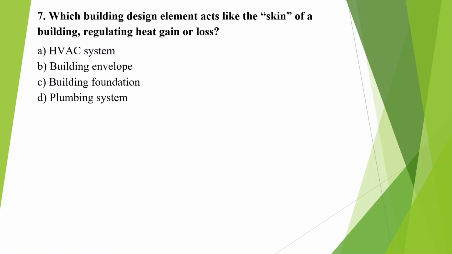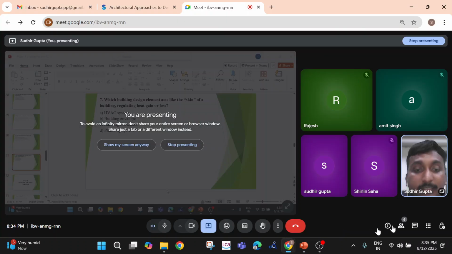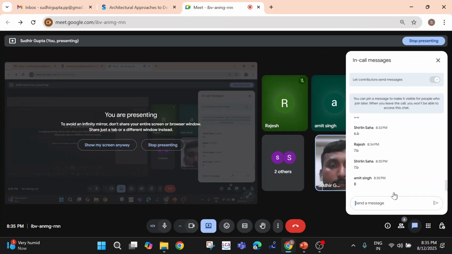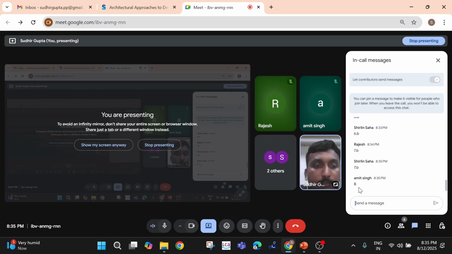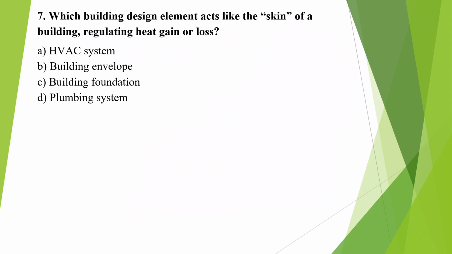It's talking about the skin of a building. From the term itself you can read HVAC system, building envelope, building foundation or plumbing system. When you're talking about the skin, you can recall it from your earlier lessons. All of you are opting for option B, and all of you are absolutely correct.